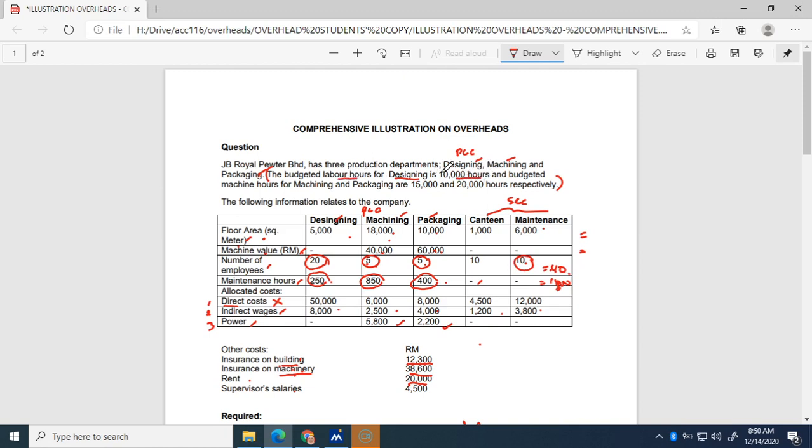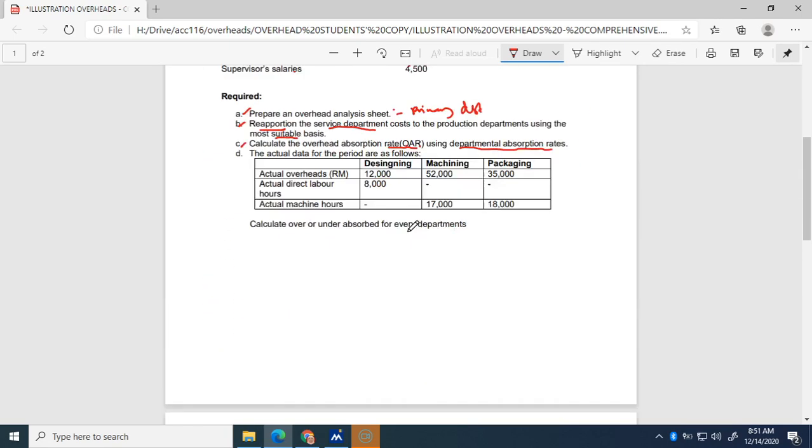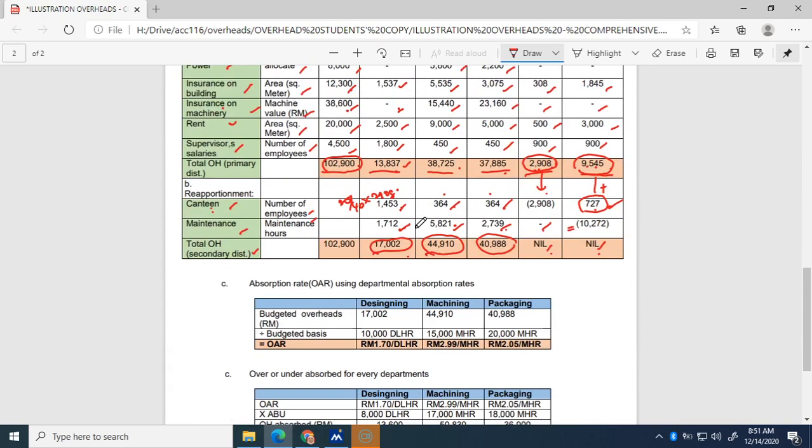For machining and packaging, we use machine hours: 15,000 for machining, and 20,000 machine hours for packaging.